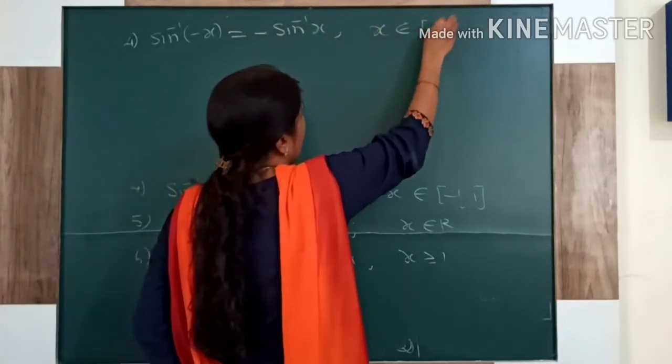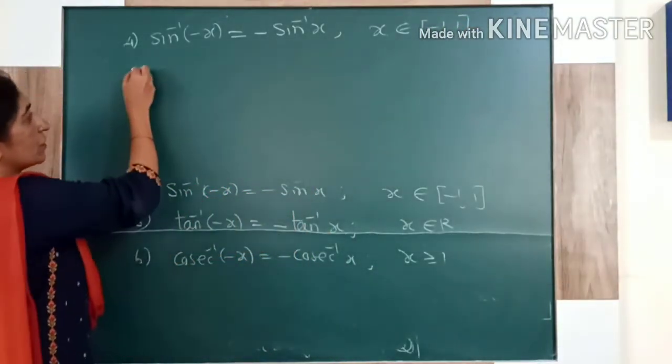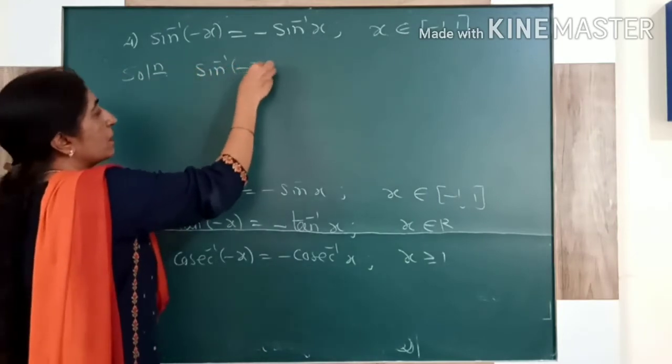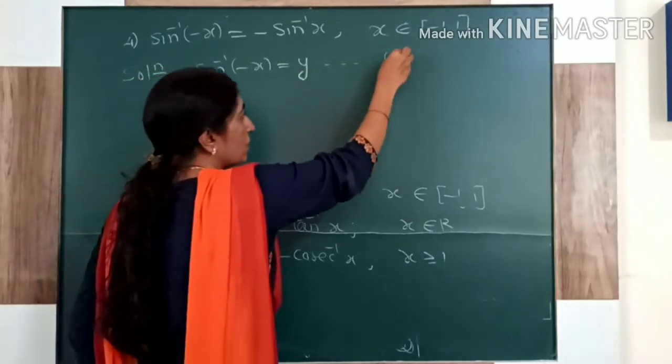x is lying between minus 1 to plus 1, as you know from one-one and onto functions. So let us start. Sin inverse of minus x is equal to y. Let us call it equation 1.